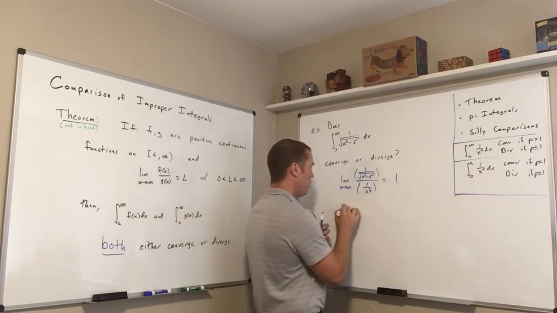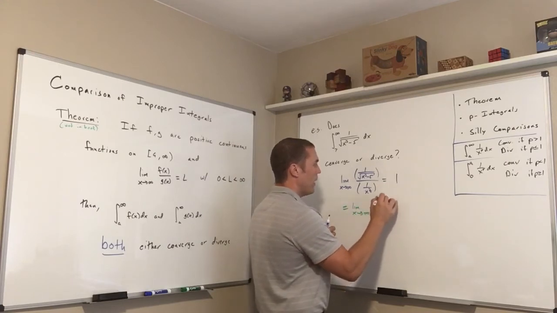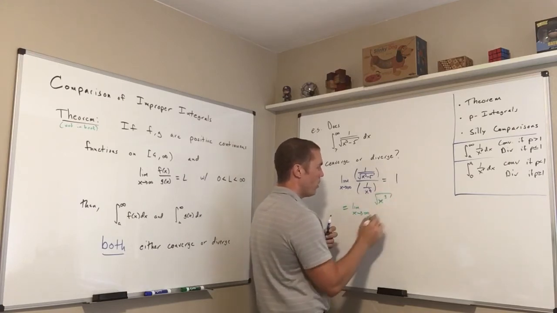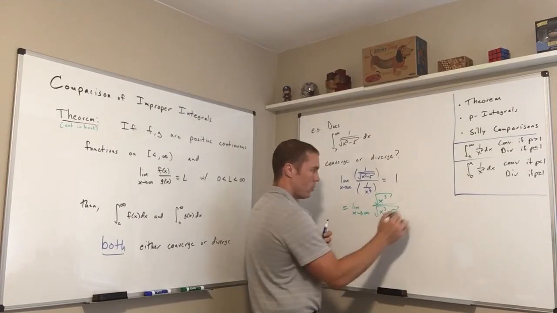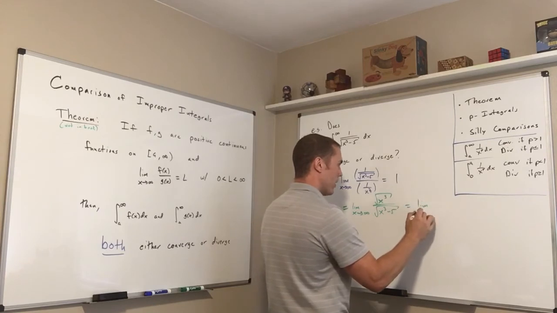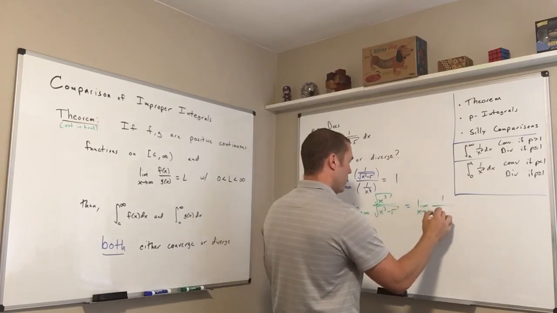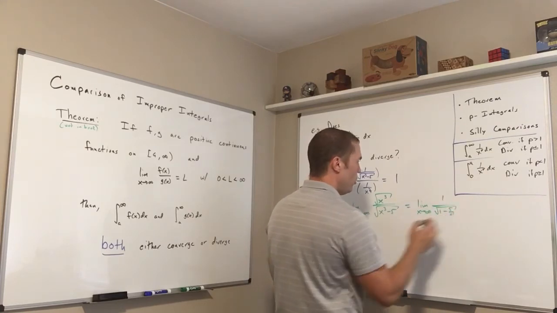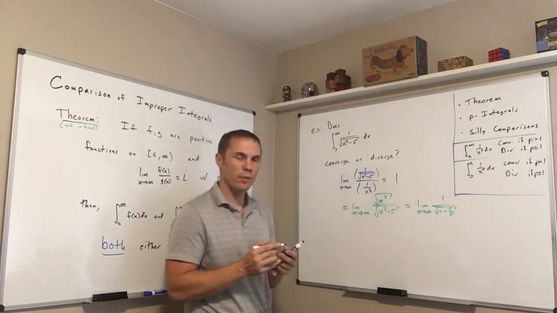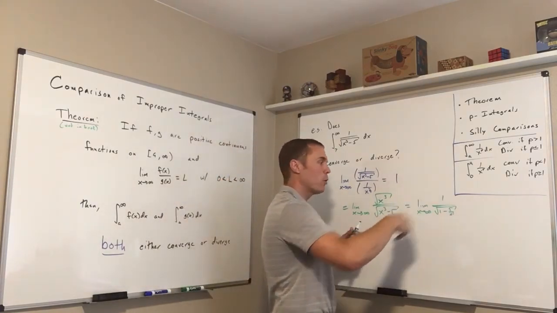This would equal the limit as x approaches infinity of x cubed under a square root over x cubed minus 5 under a square root, which is the limit as x approaches infinity of 1 divided by the square root of 1 minus 5 over x cubed. Doing a little bit of algebra there. Key point though, the bottom goes to 1 and therefore the ratio goes to 1.